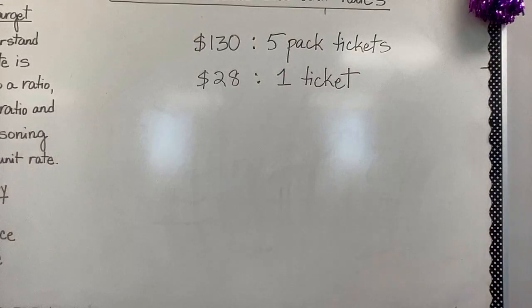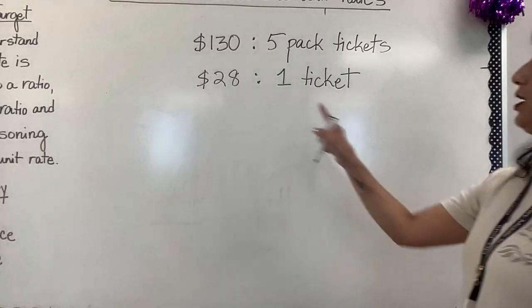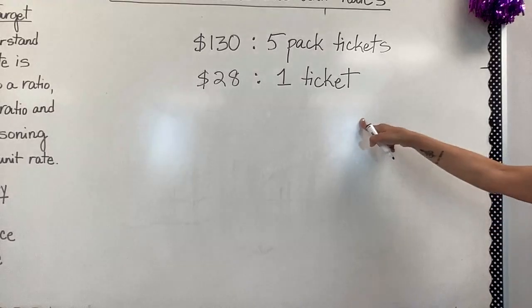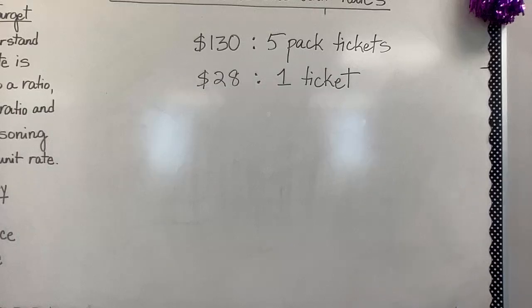So if I'm looking at this, which ticket payment option has the lesser unit price? The unit price is given for buying the tickets individually, which is $28 per ticket. So we already have this one, all right? And we're going to find the unit price for the 5-pack of student tickets.